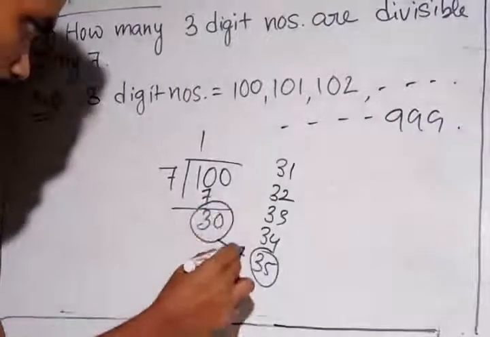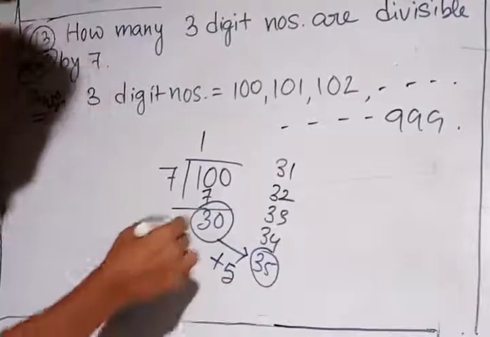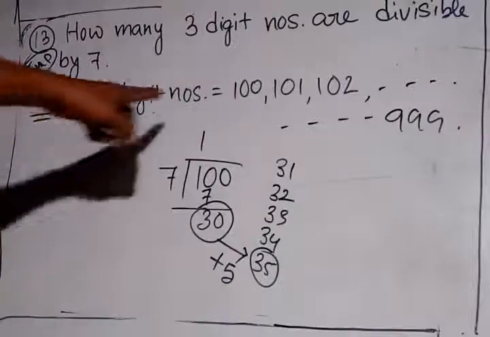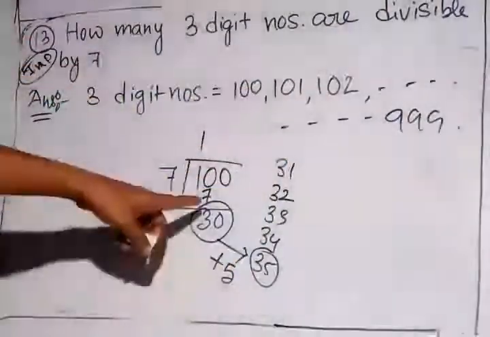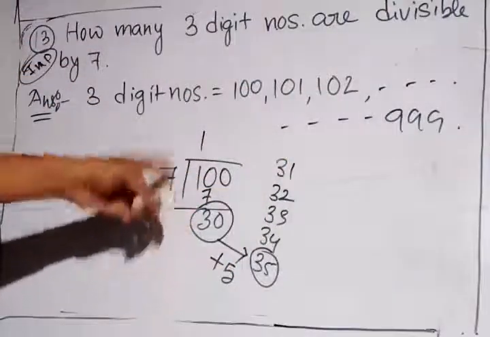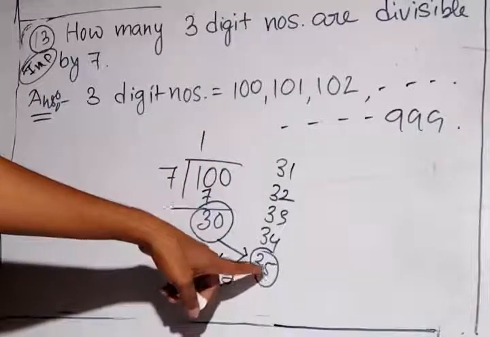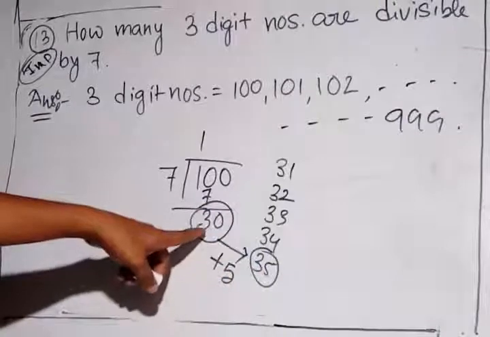That means we need another 5, so that from here you can get the first number which is divisible by 7 in these 3-digit numbers. This 35 is 5 more than this 30.